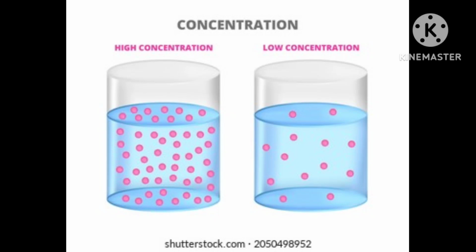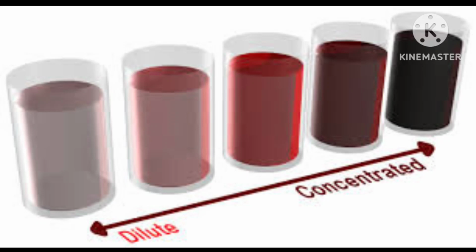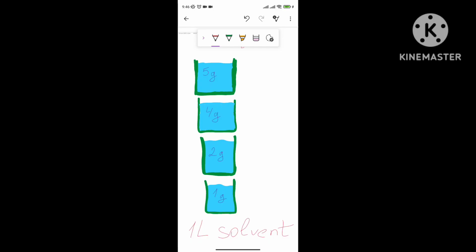If we need to add a little bit of solute to make it saturated, it is a concentrated solution. If we need much solute in order to make it saturated, this solution is not a concentrated solution, or we call it a diluted solution. Well, so it's not saturated but concentrated.